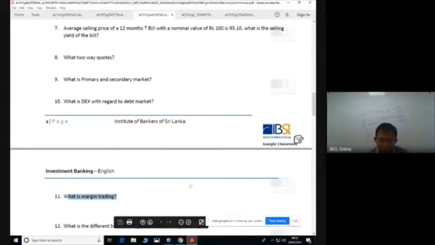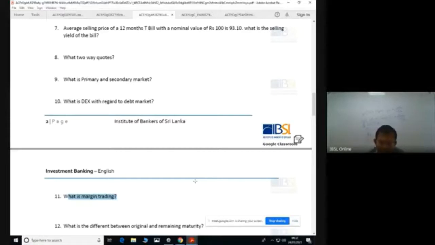Margin trading means what? Since if you are investing in shares, a particular percentage is available for you to invest without paying money. Generally share brokers ask you to put money before they purchase on your behalf, but you have a limit available depending on your portfolio. Portfolio valuation, let's say 50 is available for you.